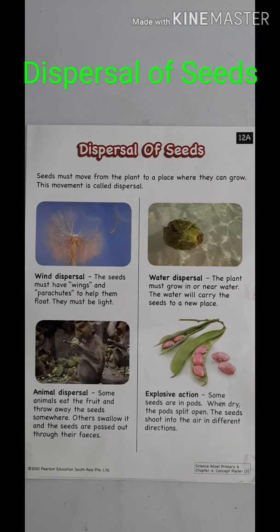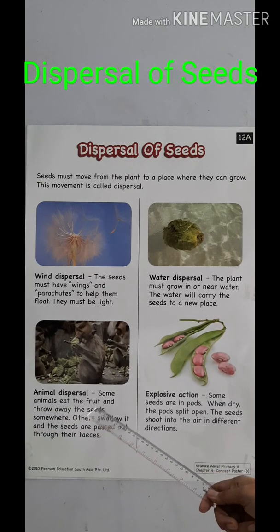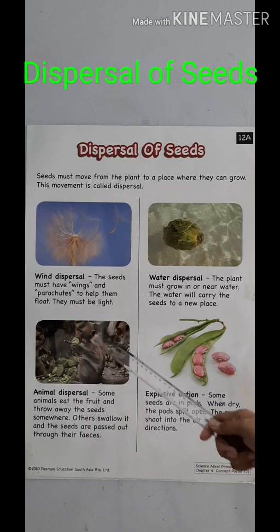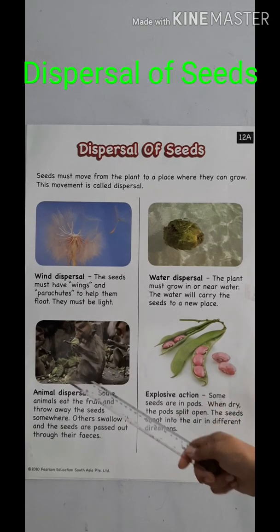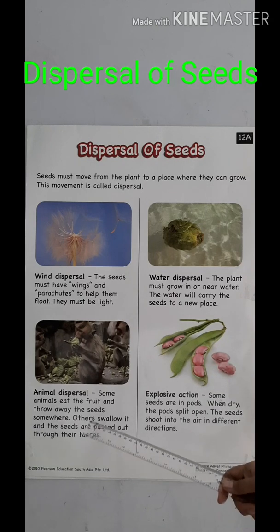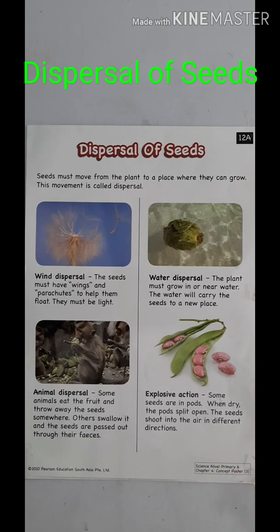Number 3, animal dispersal. Some animals eat the fruit and throw away the seeds somewhere. You can see the monkey eats the fruit and puts the seeds in some new place. Others swallow them and the seeds are passed out in their feces.